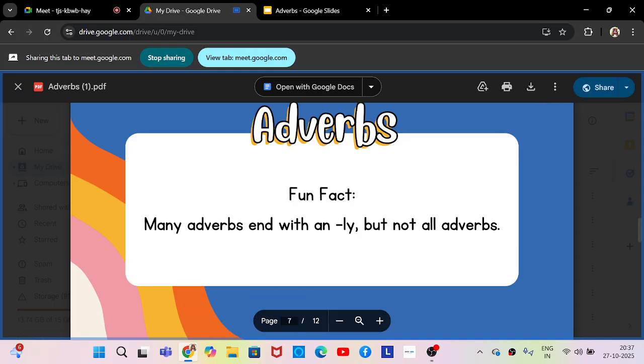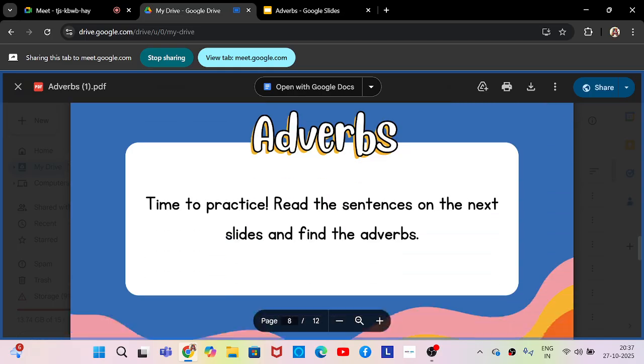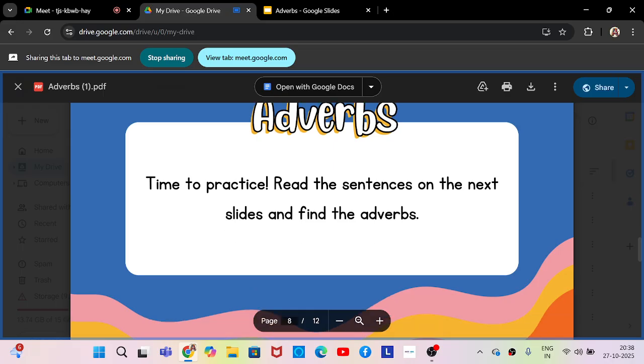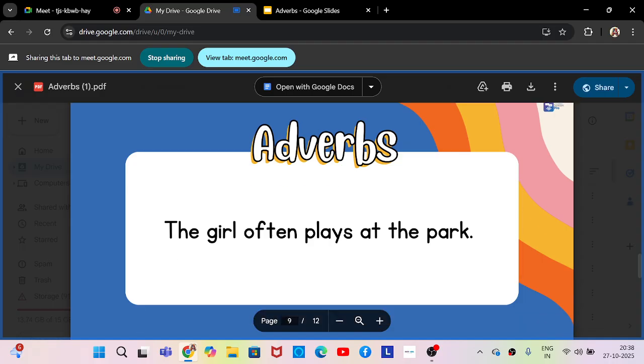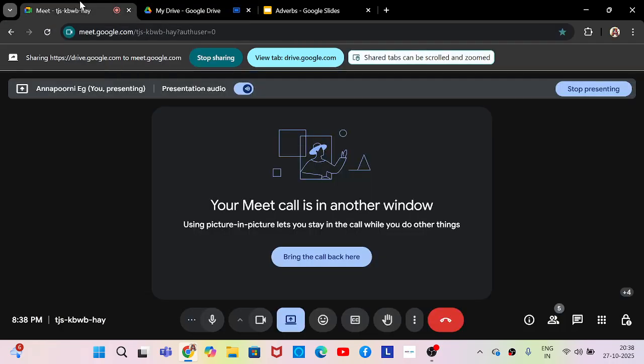Okay. So now let's go through some examples. It's time to practice. So read the sentences on the next slides and then find the adverbs. So you have to read the sentence and then find the adverb. Okay. So Sonal, you can start. Please read the sentence. The girl often plays at the park.